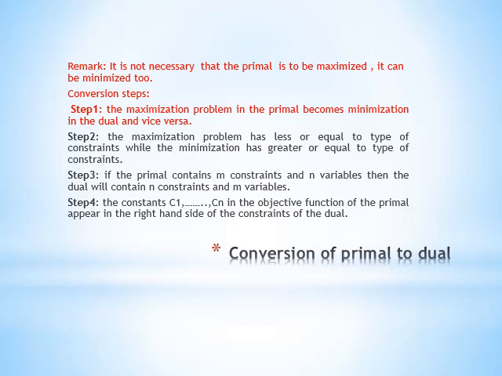So if the primal contains three constraints and two variables, then the dual side will contain what?